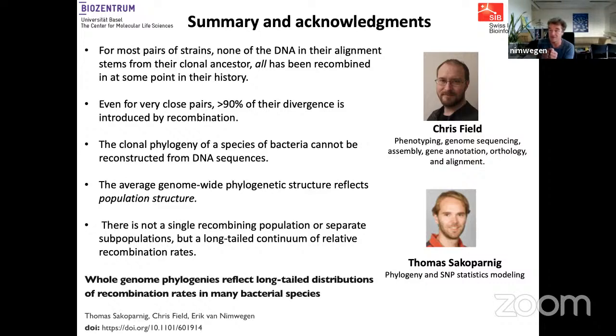So we're probably underestimating the rate of recombination between very close pairs. I don't know whether you want to call it rare or not rare, but it's enough to have overwritten everything many times over.